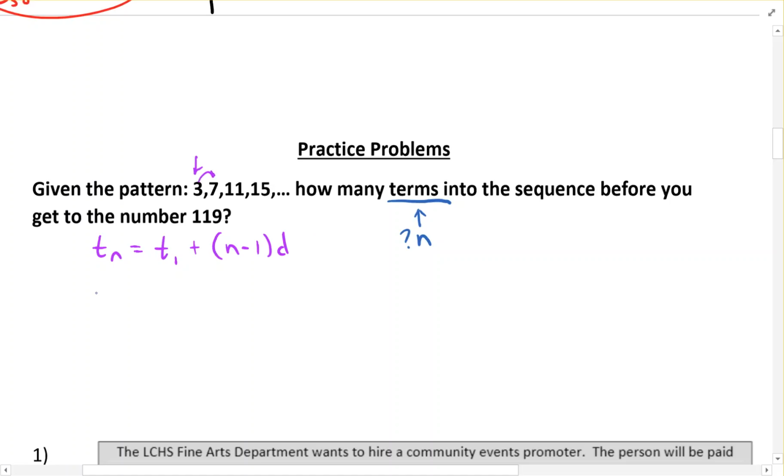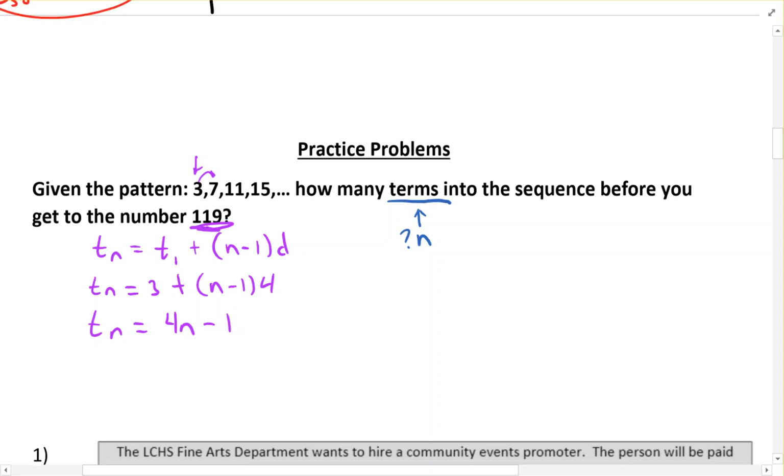So if we fill this in, Tn is equal to 3 plus n minus 1 times 4. And if you expand that and simplify, you get 4n minus 1.